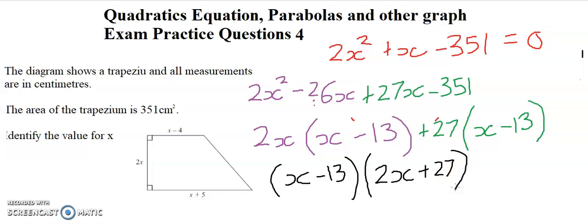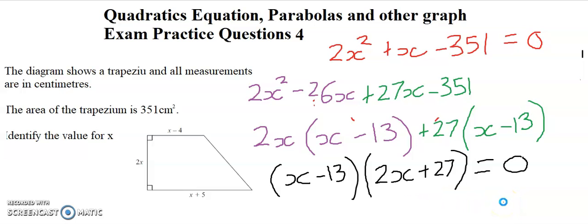Now, we know that it equals 0, and we know that to work this out, each bracket at one point will need to be equal to 0. If I look at this side here, 2x plus 27, if I get that part to 0, 2x, I take away 27 from both sides, I'm already at a negative, and if I divide that by 2, I'm still going to be at a negative.